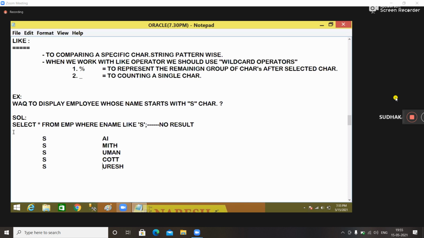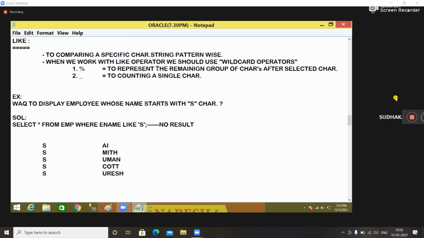So your starting character is S, fine, but in your names not only the S character, other characters are also there. So how do we represent the remaining characters?